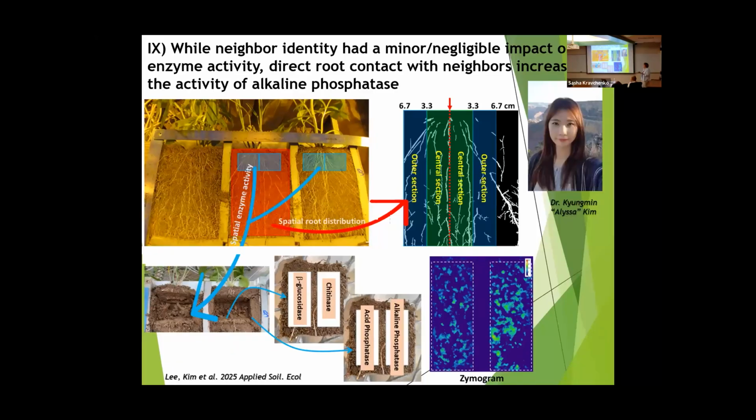So maybe the variability was too high or the method not sensitive enough to detect the differences in the enzyme activities. We did see some interesting differences in enzyme activities and the extent of enzyme spread among our plant species. We did see differences among soil, so there were interesting things there, but not the neighbors.